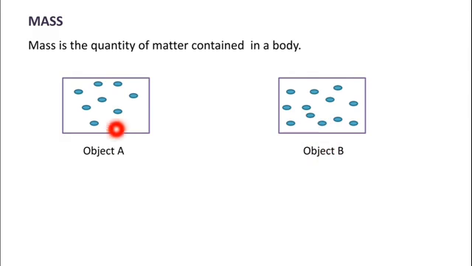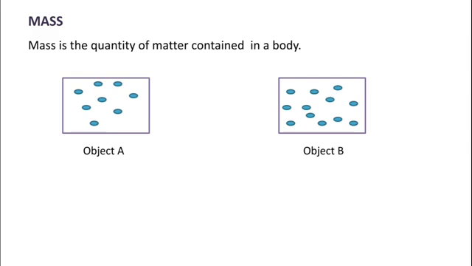So when you count the content present in object A, then here 1, 2, 3, 4, 5, 6, 7 and 8. There are 8 contents, or you can say 8 particles present in the object, or you can say object A is consisting of 8 particles. In the same way, let us count the content present in object B. So here are 1, 2, 3, 4, 5, 6, 7, 8, 9, 10, 11 and 12. So we can say that object B is consisting of 12 particles.